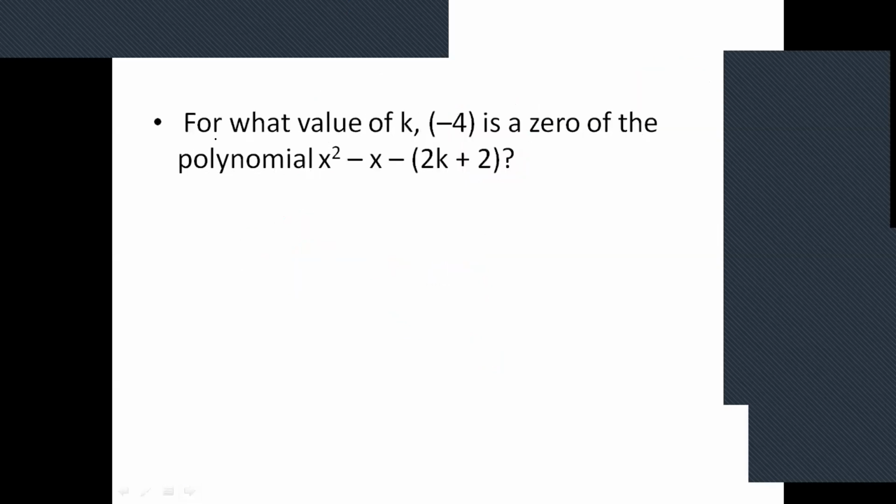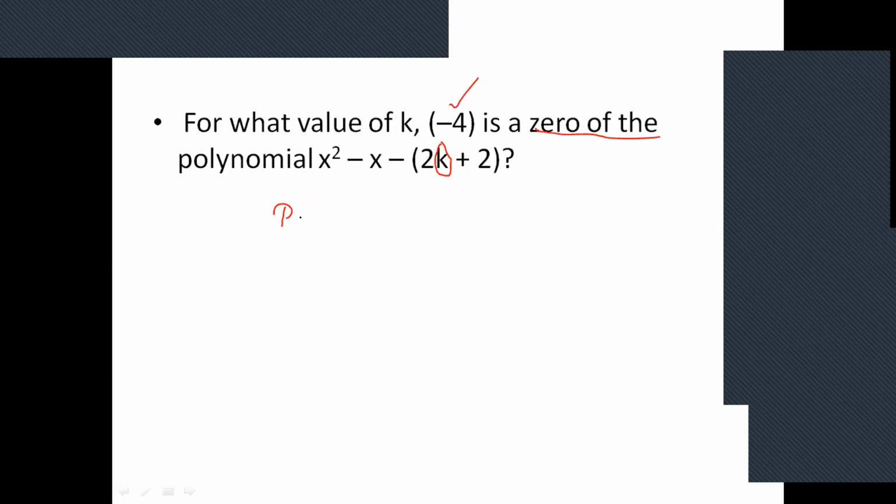Here the question is based on the zero of the polynomial. They have given that x minus 4 is a zero, and you are supposed to find the value of k. According to what I have explained previously, you should remember p of a is 0. So what is that a?